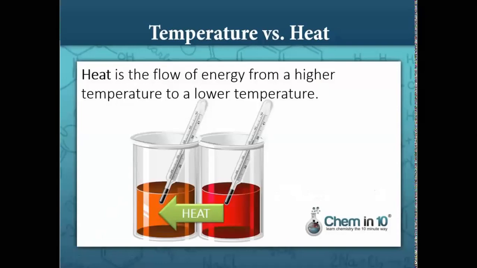The flow of temperature will move from the body that has more heat to the body that has less heat. This is the direction of heat. So heat is transferring from one body that has more heat to the other body that has less heat.